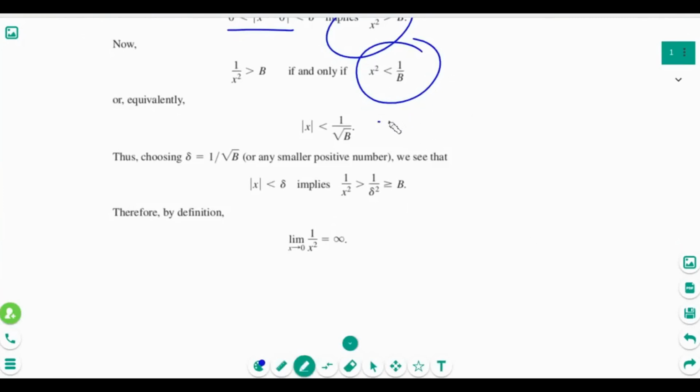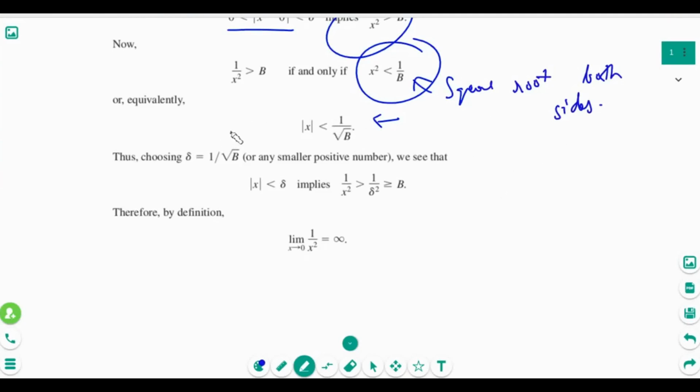So from here we take square root on both sides, and we have modulus x less than 1 by root b.